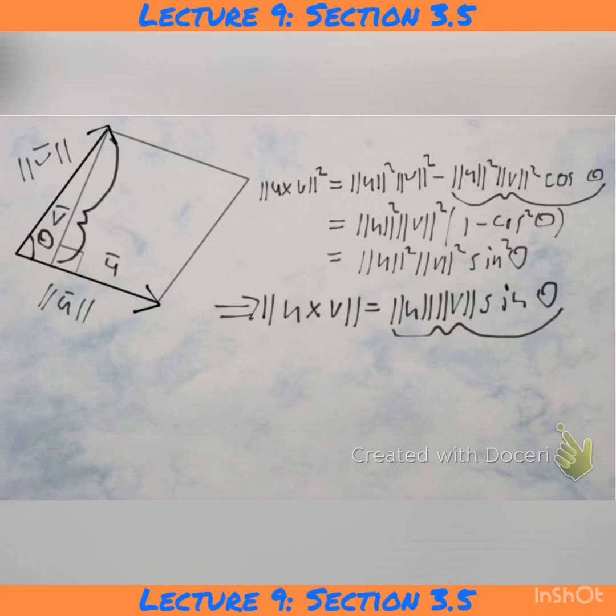It's basically going to be the norm of v multiplied by the sine of the angle between the two. So this expression here is the altitude of the parallelogram, and this expression here is the length of the base of the parallelogram.